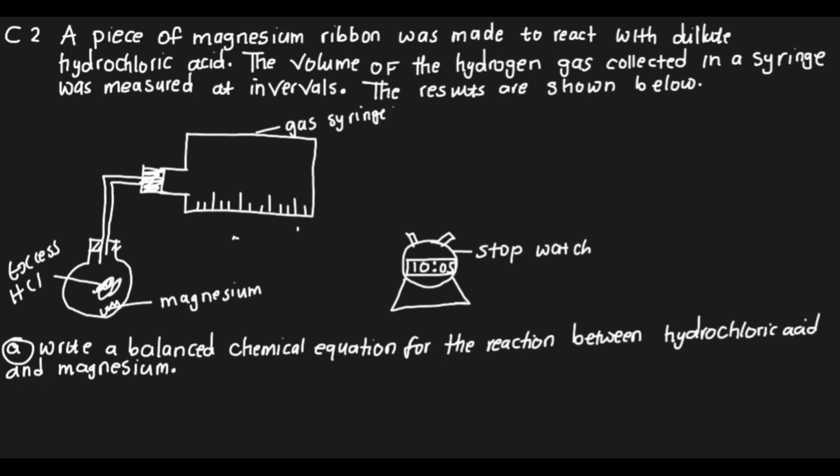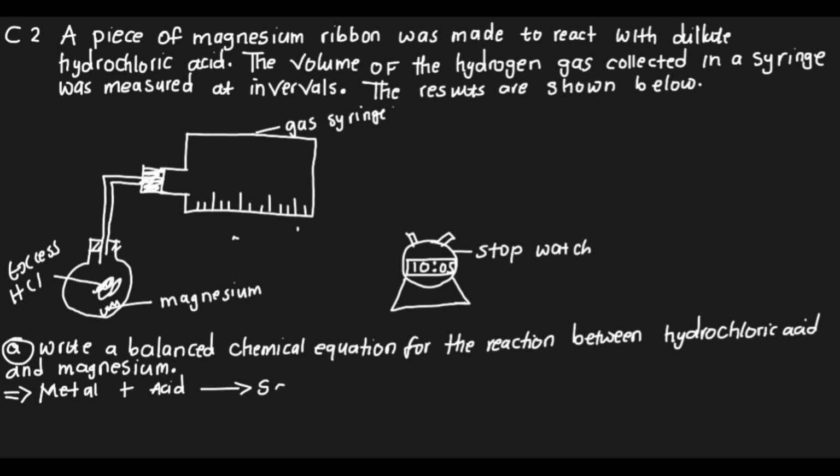There was a condition that we include the state symbols. First, I like beginning with the word equation. We are trying to construct an equation between a metal and an acid. So what are we supposed to have in mind whenever we see this type of reaction?